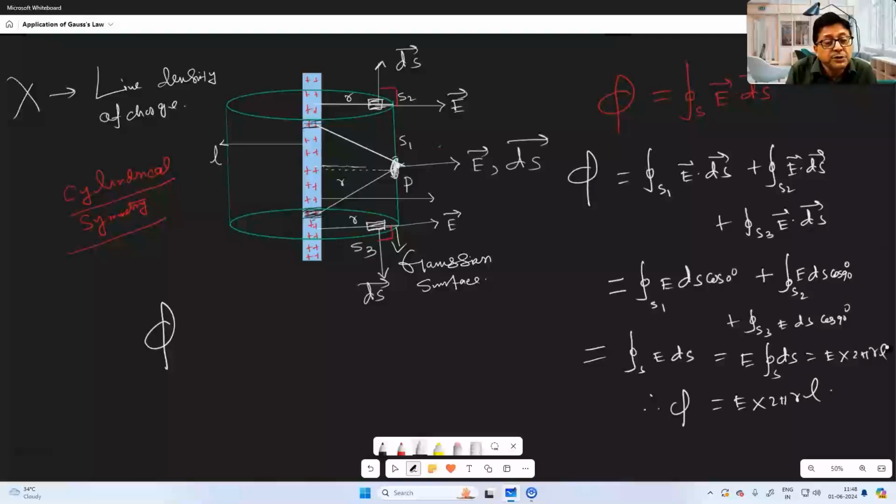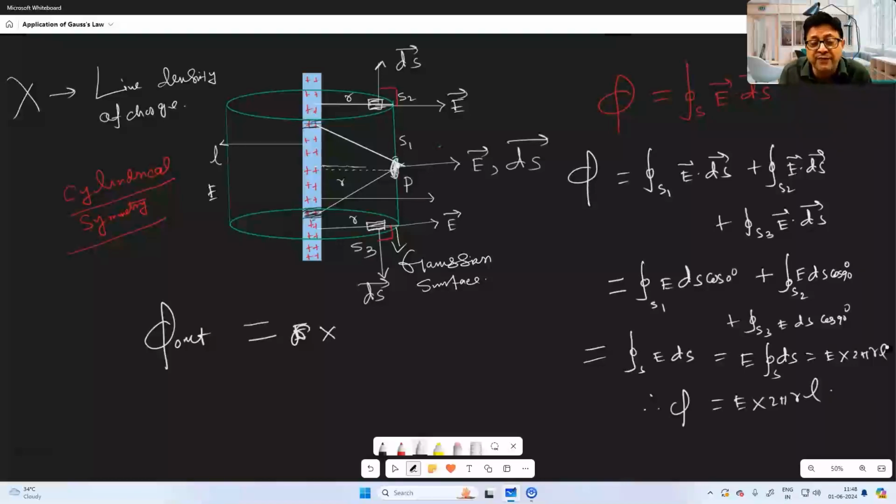But phi out, total normal induction or total outward flux, whatever you say. The strength of electric field has the same magnitude, E. Anywhere you go on this surface, it is E only. On the curved surface, it is E into area. That we have taken already.